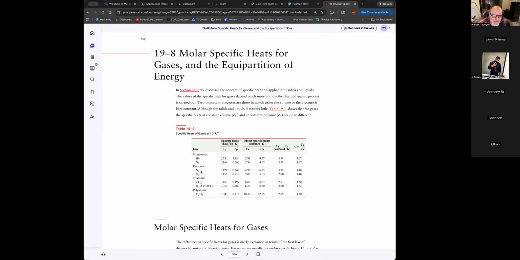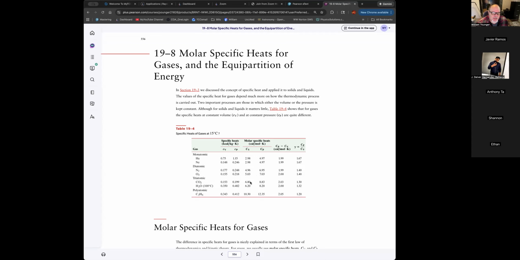If we go to diatomic, we see 4.96 and 5.03. So those two are very similar. And 6.95 and 7.03, those two are very similar. So they look very similar within a certain atom type or a certain molecule type.